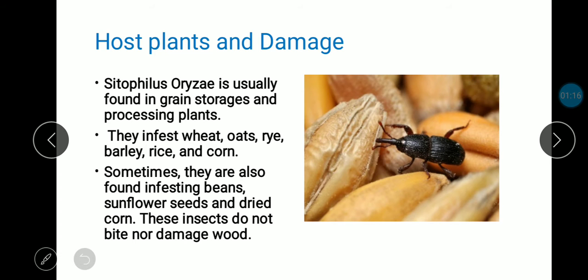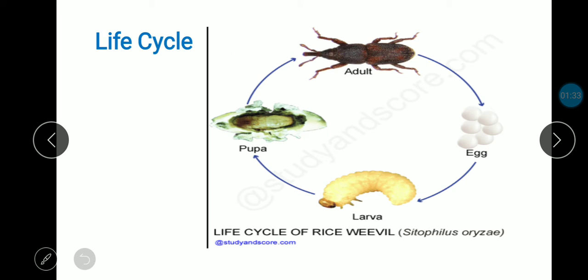Sometimes they are also found infesting beans, sunflower seeds and dried corn. These insects do not bite nor damage the wood. Only grains are preferred by this insect.